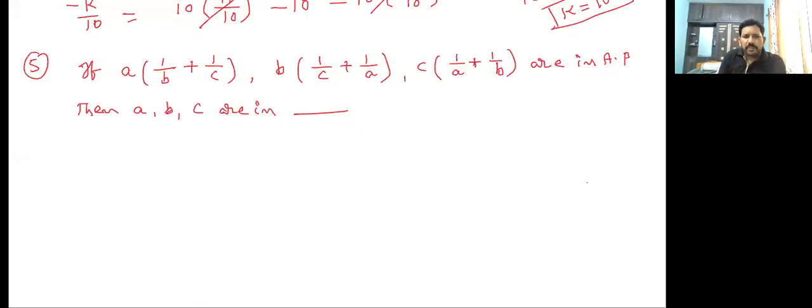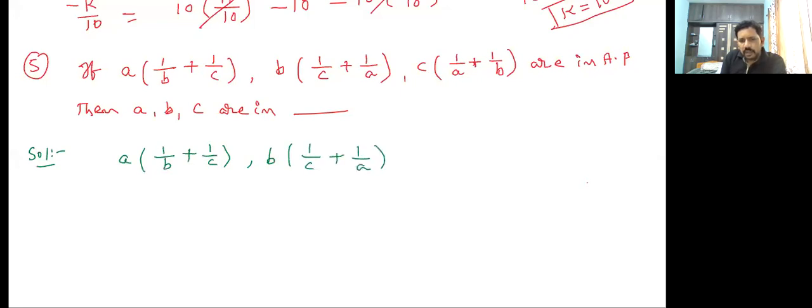A into 1 by B plus 1 by C, B into 1 by C plus 1 by A, C into 1 by A plus 1 by B are in AP. So A into 1 by B plus 1 by C, comma, B into 1 by C plus 1 by A, comma, C into 1 by A plus 1 by B are in AP series.